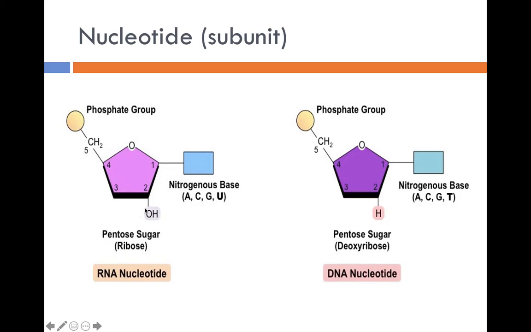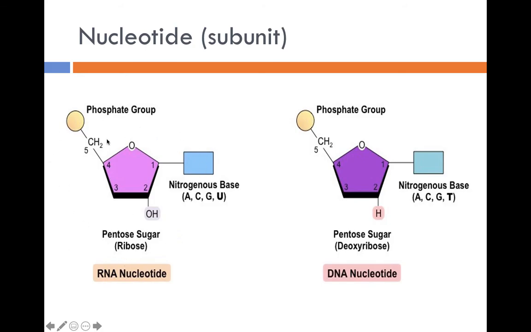If we look down here, this sugar has an oxygen here, while this sugar over here does not. That's where it gets its name from, by saying deoxy. We deleted the oxygen from ribose, and that's basically all it is.